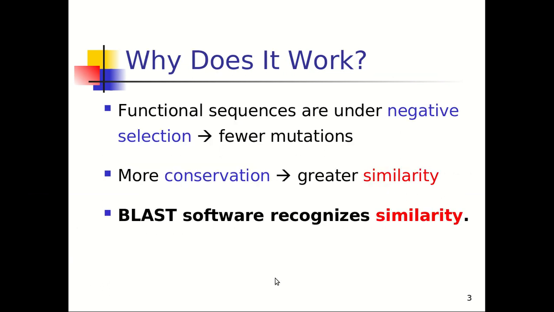All right, so the functional sequences are under what we call negative selection. In other words, we assume that if something does something important inside the cell, then if it changes, it's going to kill the organism.